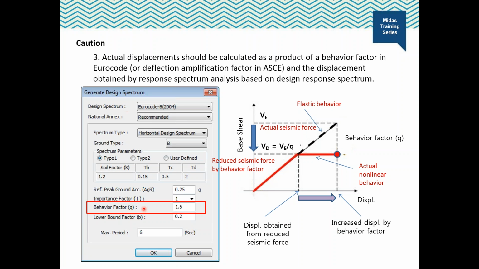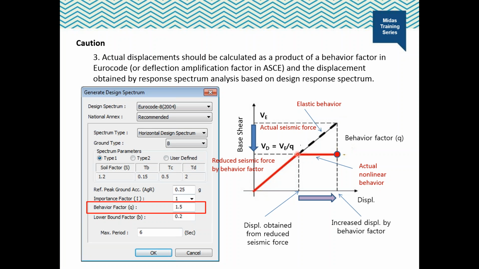The reduction is accomplished by introducing the behavior factor in Eurocode or response modification factor in ASCE code. In this figure, the actual seismic force is reduced by behavior factor and we perform elastic analysis.